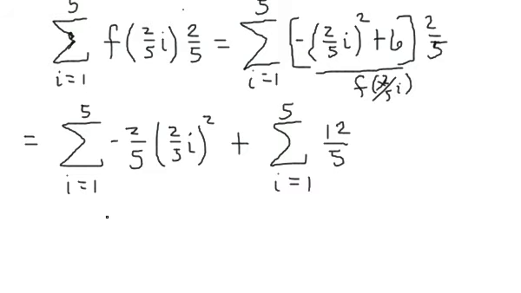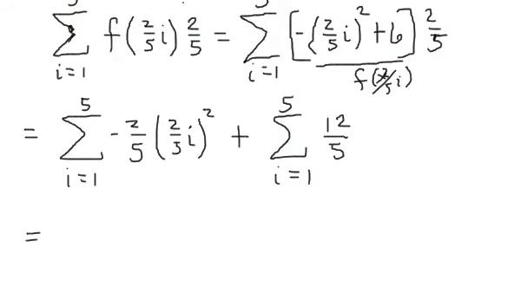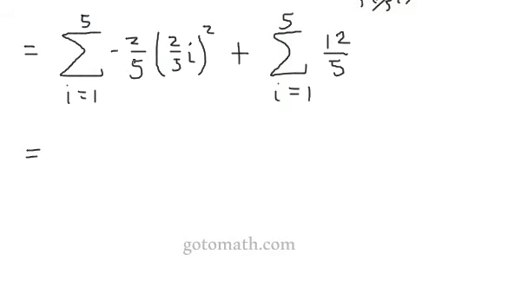So we've now broken it up, and let's continue to break this piece up here. So this becomes 2 squared and 5 squared, so this becomes 4 over 25, and then i squared. Of course 4 over 25, you multiply the 4 times, well, I guess I better not skip any steps here.